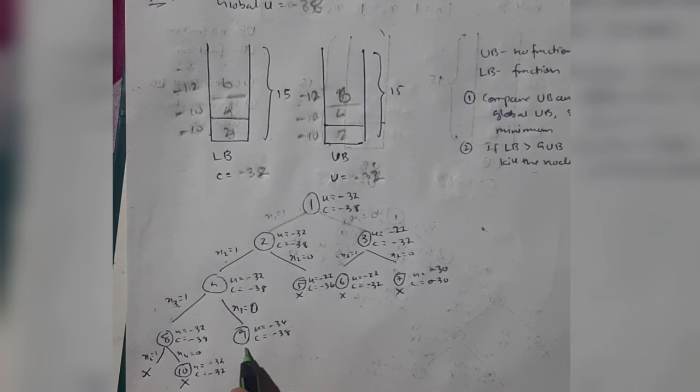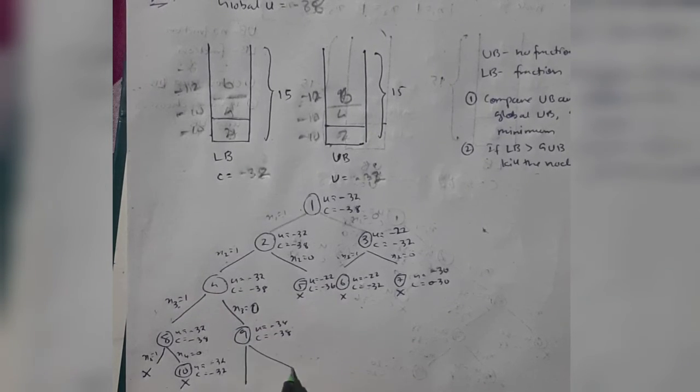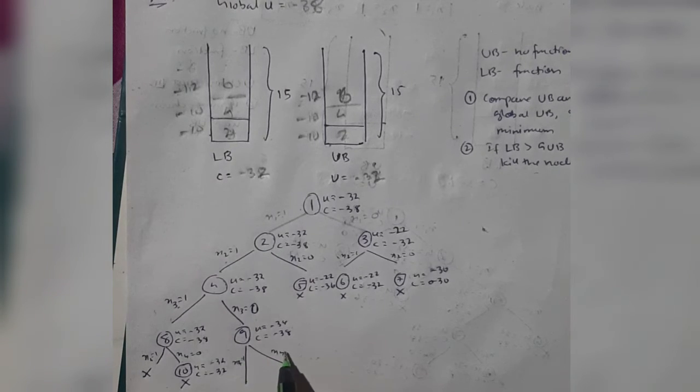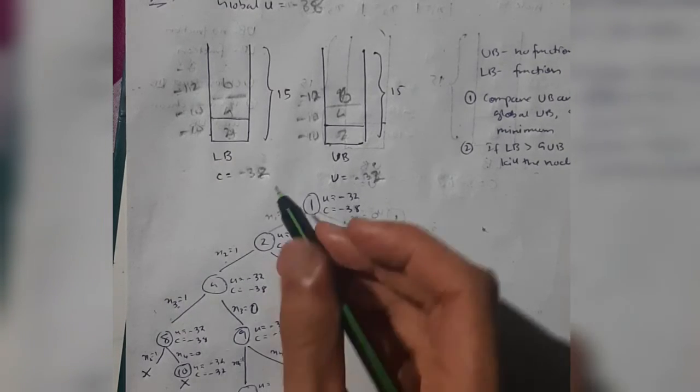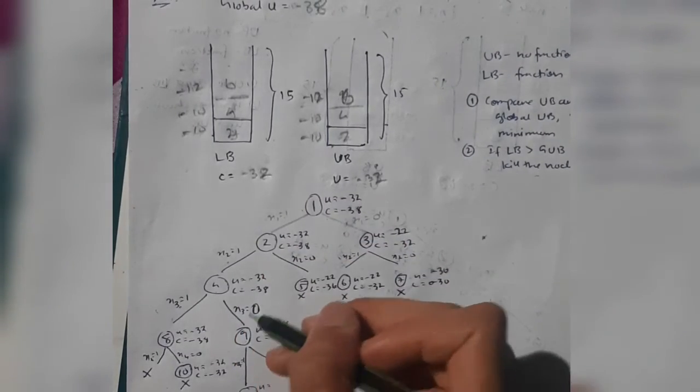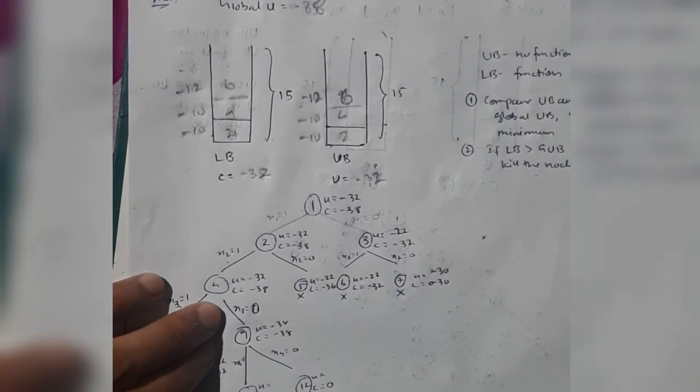Coming to 9, we have two options, either x4 is equal to 1 or x4 is equal to 0. Okay, 11 and 12. What is the value of U and C in both of these cases? Observe carefully, 1, 1, 0. That means the third object is excluded.